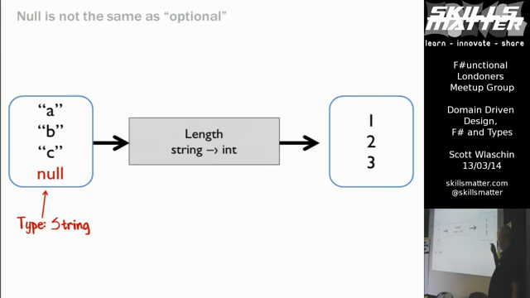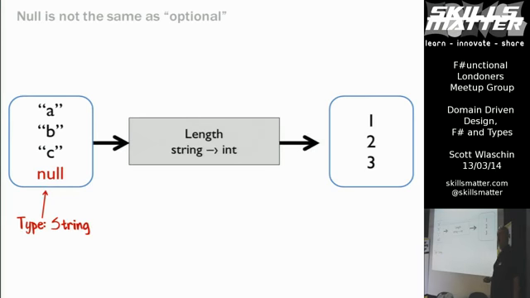Well, let's say we have this function called length, and it takes a string and it returns an int. So it's the length of the string. Very easy. So I go along and I'm saying, A, how long are you? Well, I'm 1 long. And I talk to B and I talk to C, and I talk to null and I say, how long are you? And it gives an evil cackle when it crashes my program with a null reference exception, because it's not a string.